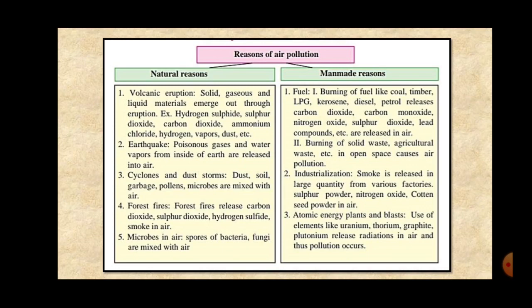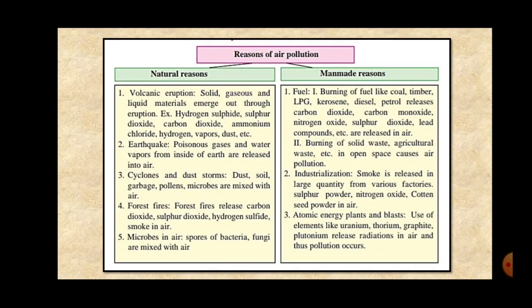Then the atomic energy plants and blasts. At times, the blast of the atomic energy plants takes place and it releases radioactive elements in the air. And you know, children, radioactive pollutants are the worst pollutants because they do not decompose.